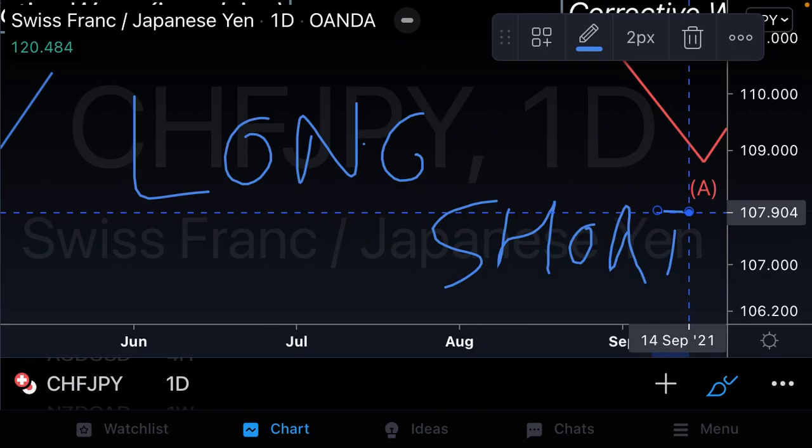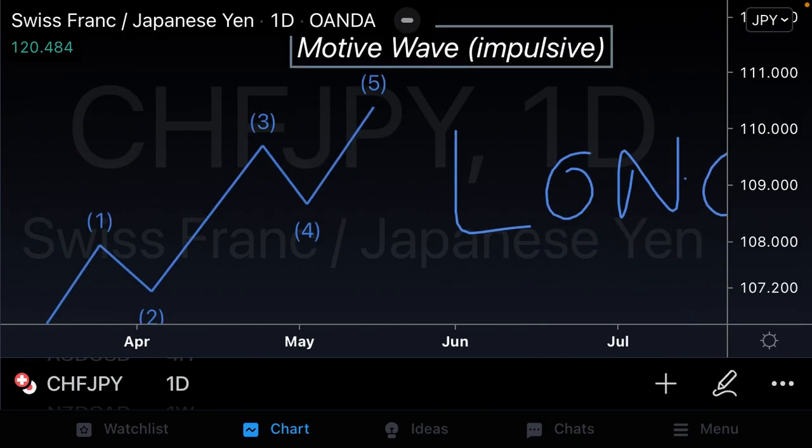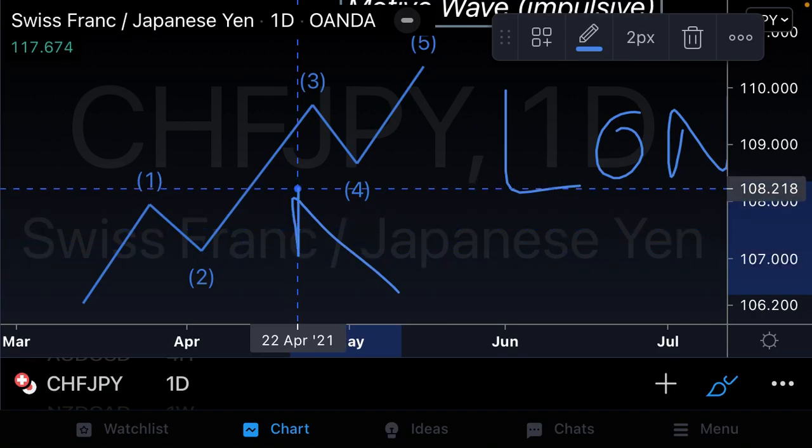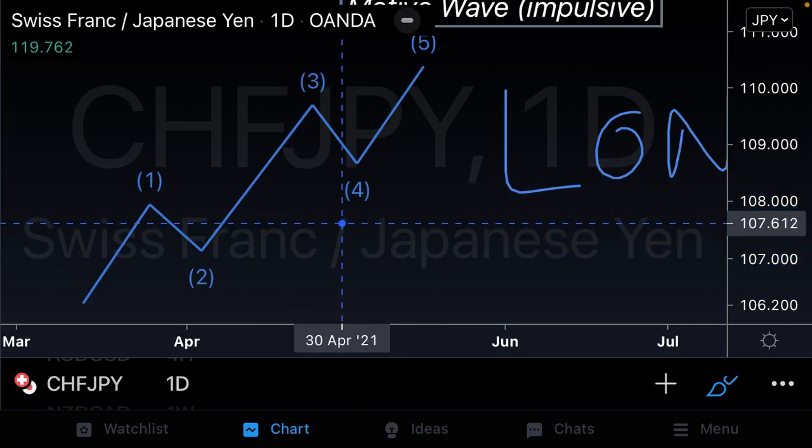We might be able to see this on a daily chart. Maybe we're looking at this nice move to the upside on a daily chart, and we see all of our nice 5 impulsive phases. But what we need to understand is that Elliott wave is built upon cycles, guys.